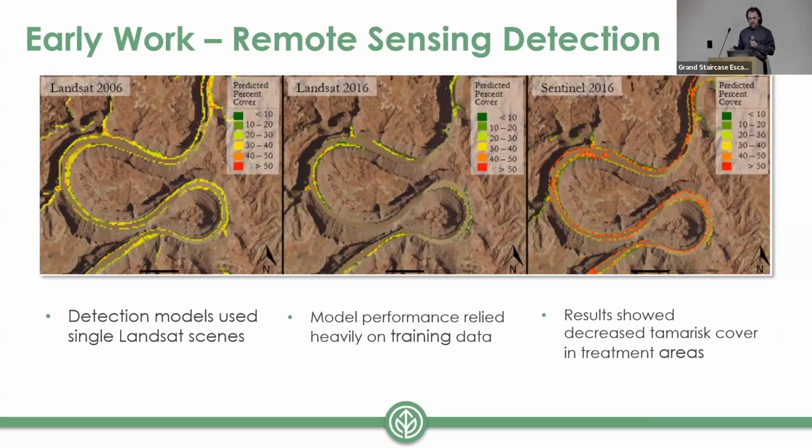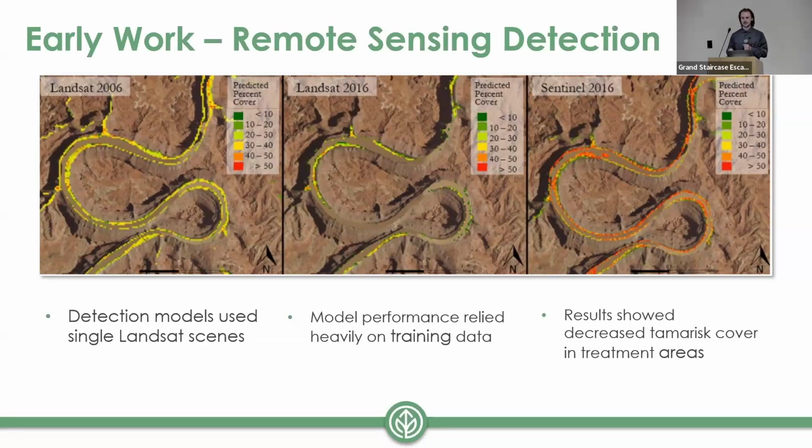These are images from the Landsat series of satellites, which I'll talk about a little bit later. But this study did a comparison of satellite images from 2006 and then again in 2016. Each one of these is a single Landsat scene, or just an image from the satellite.